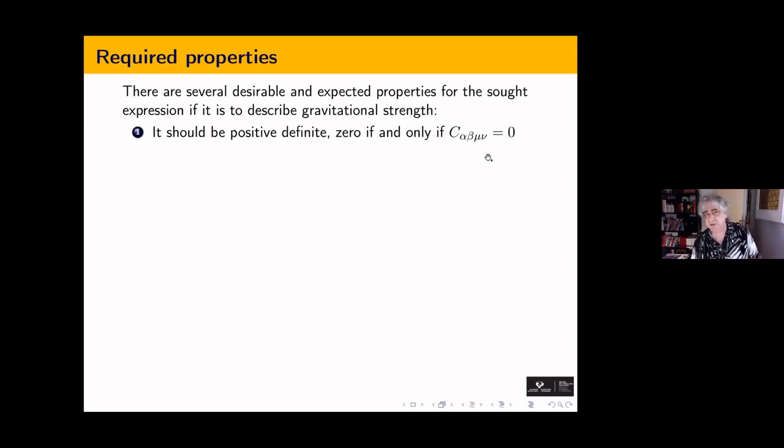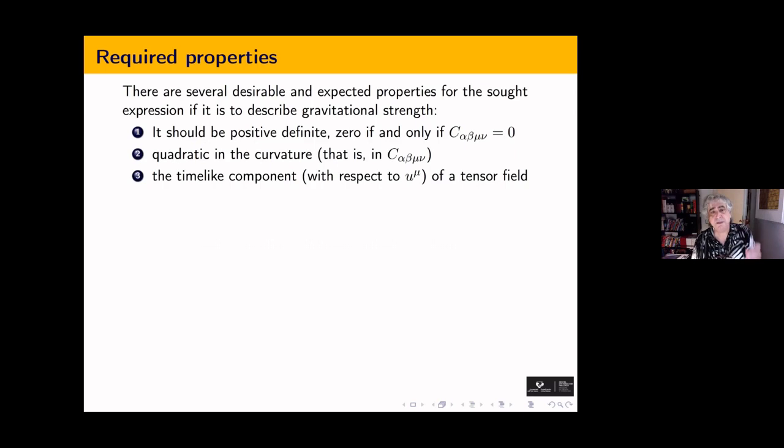We are keeping the Ricci tensor equal to 0 now. It should be quadratic in the curvature, that is in the Y tensor now. It should be the time-like component with respect to our time-like vector of a tensor field. This is always the case for an energy density. Now, what is this underlying tensor field?